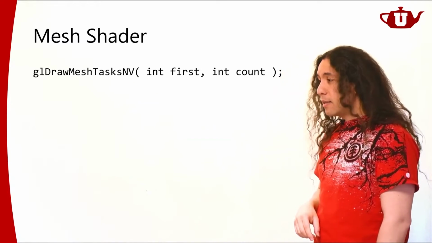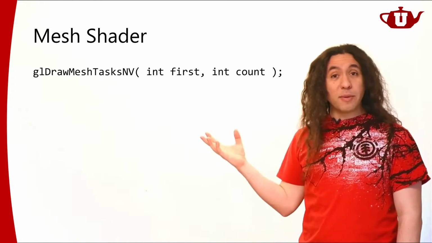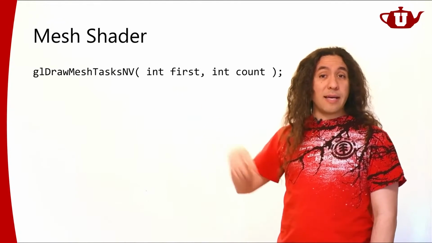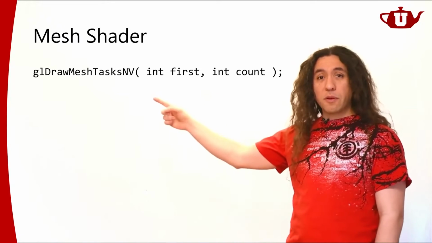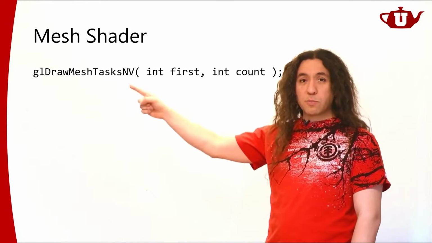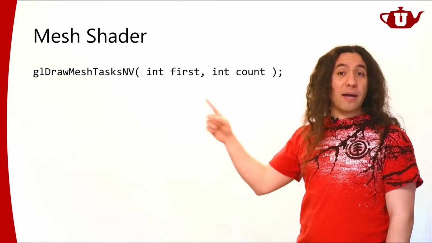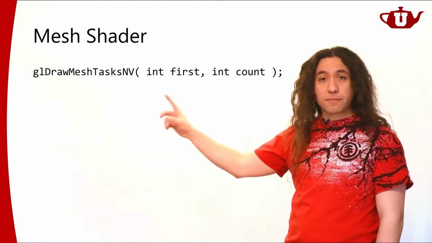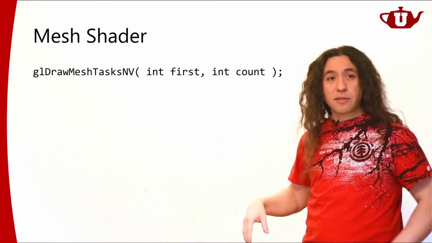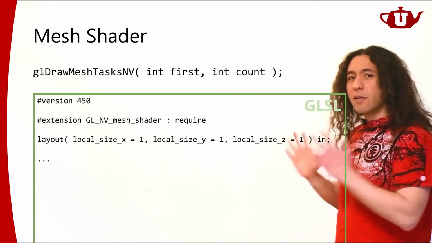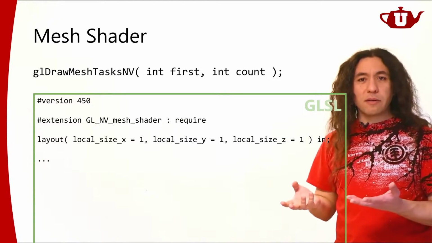It's not a core part of OpenGL at the moment, not in any OpenGL core version, but it is provided as an NVIDIA extension. So if your GPU supports this particular extension, you can use this. And this is supported by the latest AMD graphics cards as well. But the extension is an NVIDIA extension, and the code looks very much like a compute shader actually.